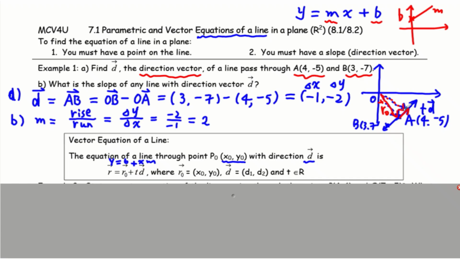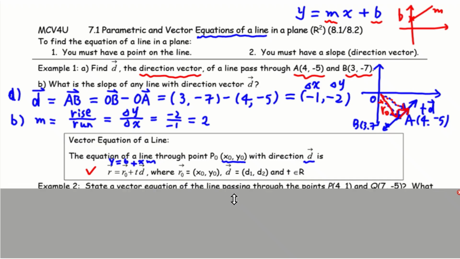So this is kind of the x, y point equals this vector plus t times d. Then you can generate any points on this line. So this is our equation of the line in vector form. So r0 is a point on the line, and d is our direction vector. So we know how to write a vector equation out. We are going to practice.